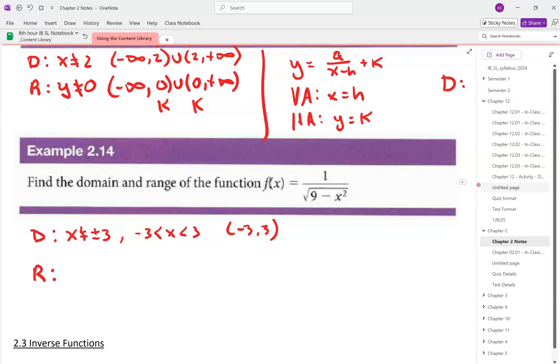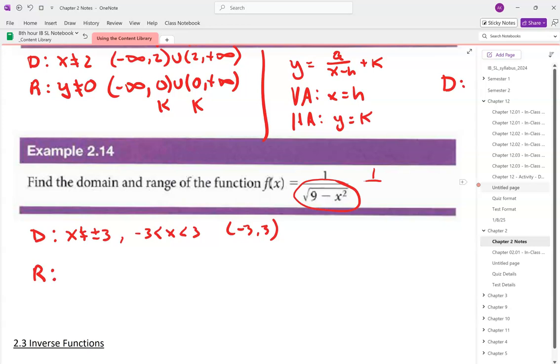What's the range going to be here? So not quite. So if I think about this, between -3 and 3, what's the biggest value that the denominator can have?